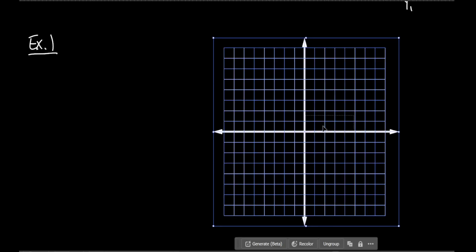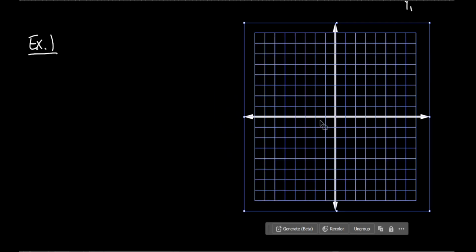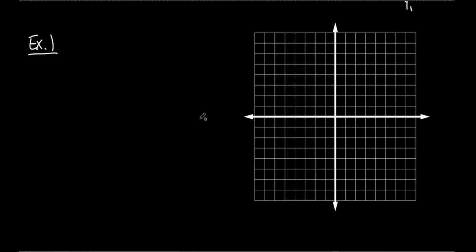I'm going to put in the points that they put in. So 1, 2, 3, 4. They put a point right at that exact spot. And then 1, 2, 3, 4. They put a point right there.